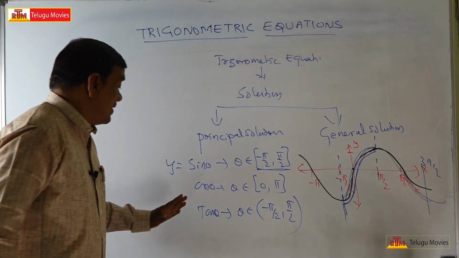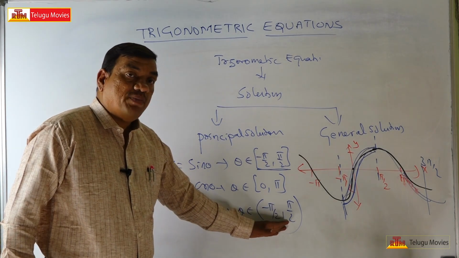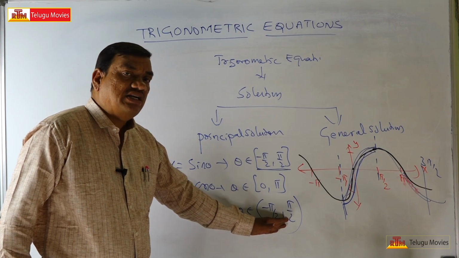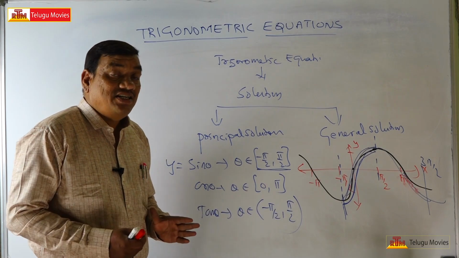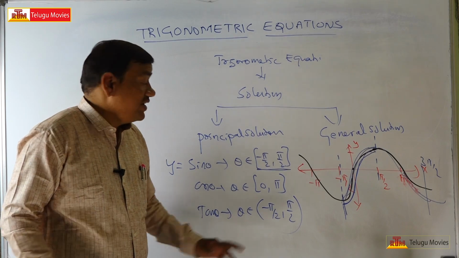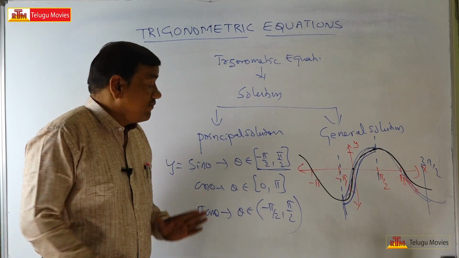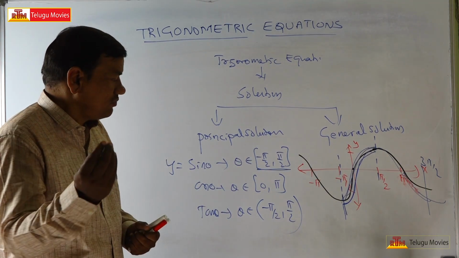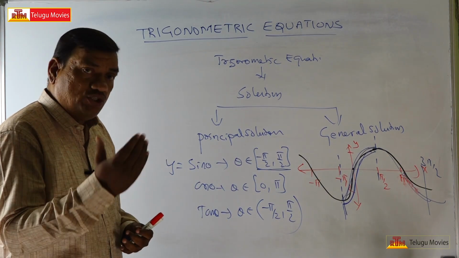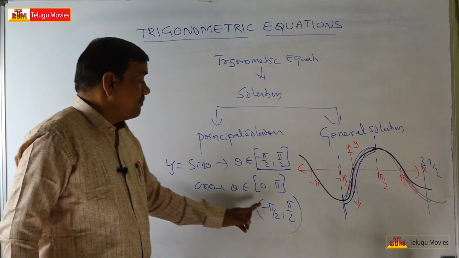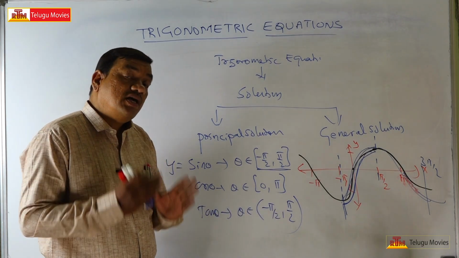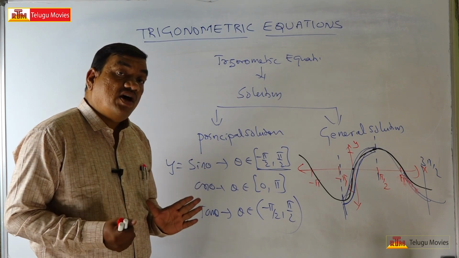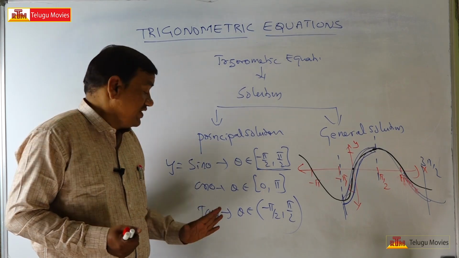For tan theta, it is minus pi by 2 to plus pi by 2. At plus pi by 2, tan theta is not defined. That's why we are keeping open brackets here. From minus pi by 2 to plus pi by 2, the graph is 1-1 and onto, so it is a bijection.